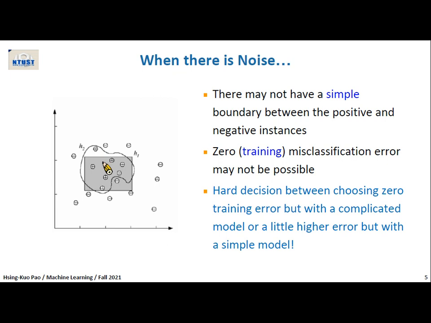It could be measurement error, meaning that it's negative for sure, but we measured the negative in the wrong way. The negative should be shifted in this direction or this direction, basically outside of this rectangle. So that's what we call measurement error.